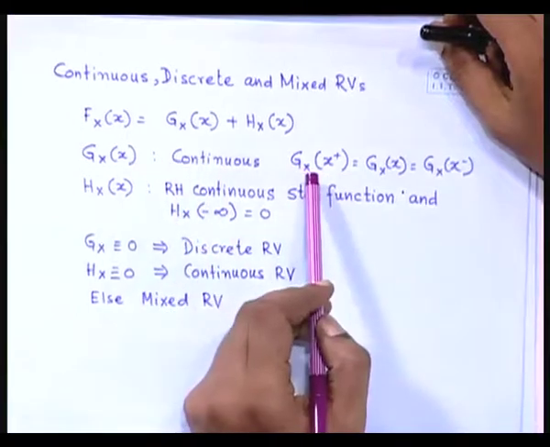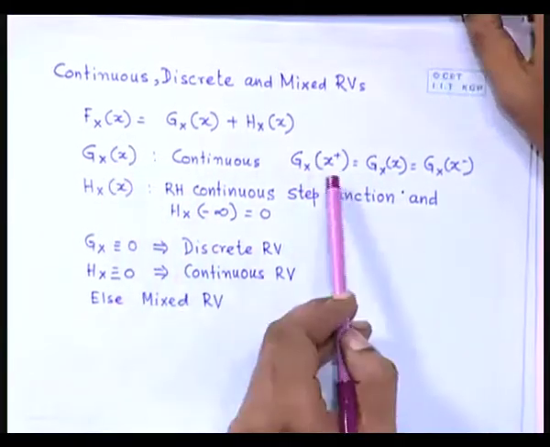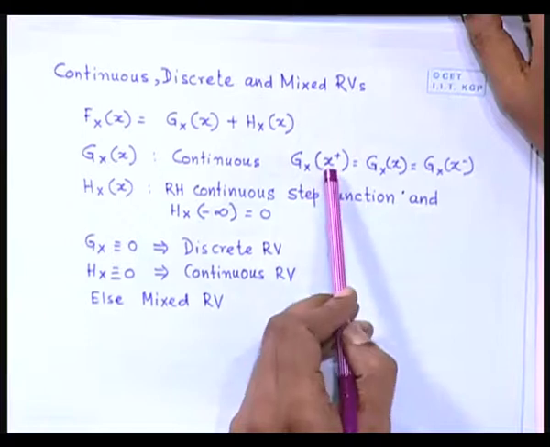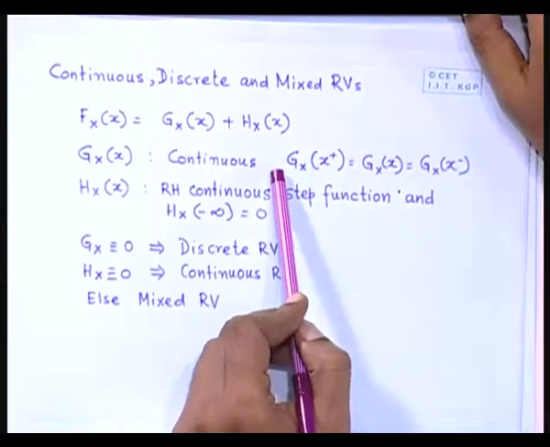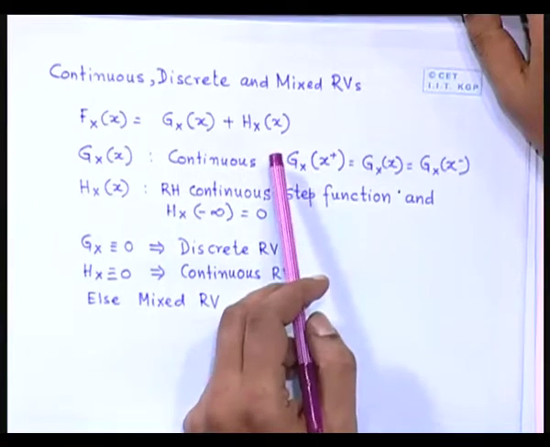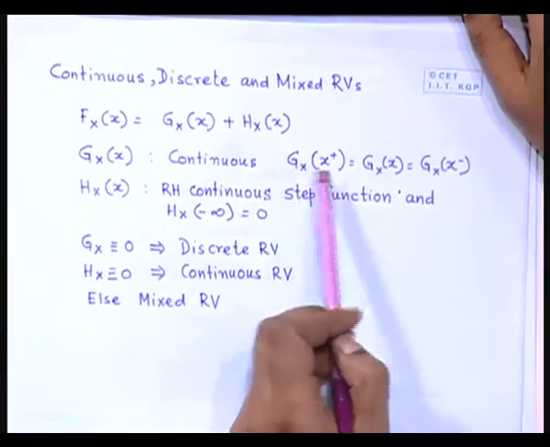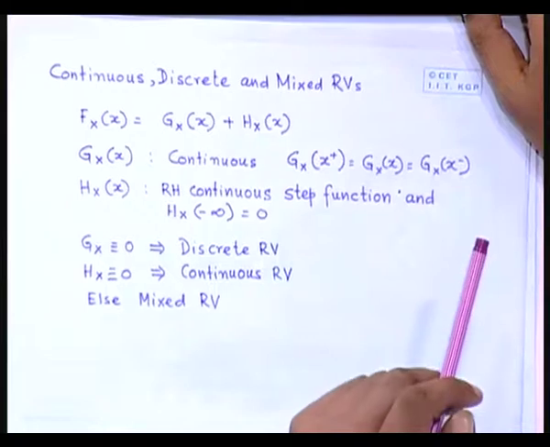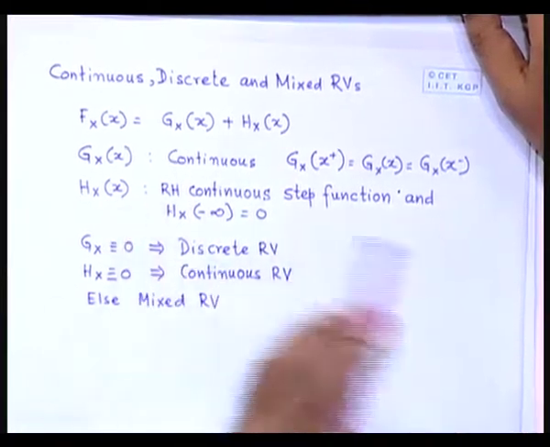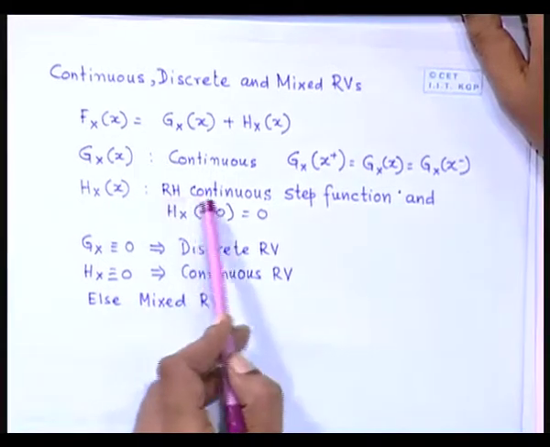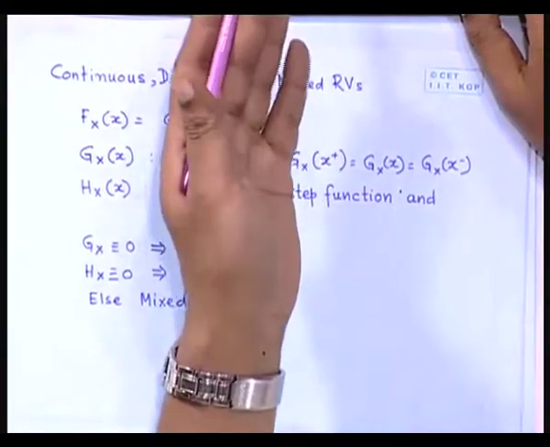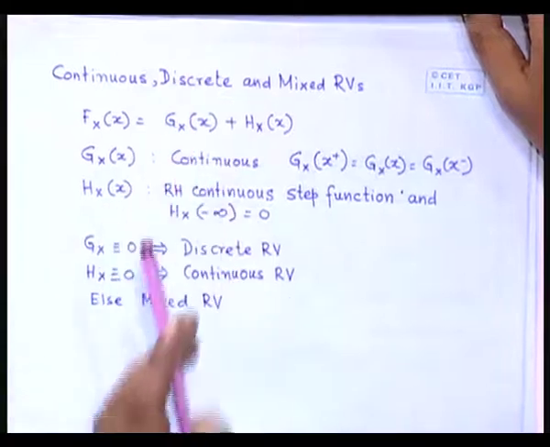So for the continuous part, gx(x+) is equal to gx(x) is equal to gx(x-). This is the definition of continuity of any function, that the left hand limit and the right hand limit converge. That is why it is called continuous. And for hx, these are right hand continuous step functions like the one we have just seen.